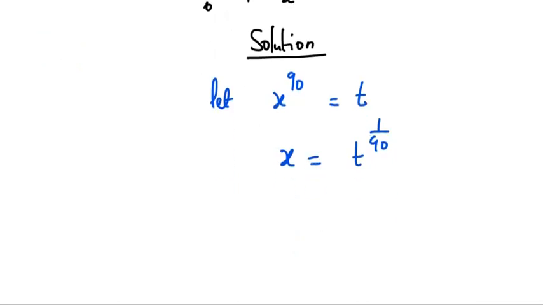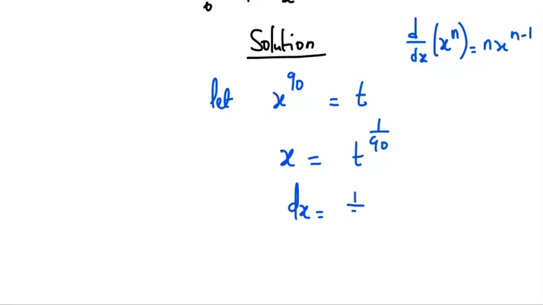So here we get dx is equal to, remember this property, d/dx of x to the power of n is equal to n multiplied by x raised to the power of n minus 1. So use that at the right hand side. We get 1 over 90 multiplied by t raised to the power of 1 over 90 minus 1 and then dt.